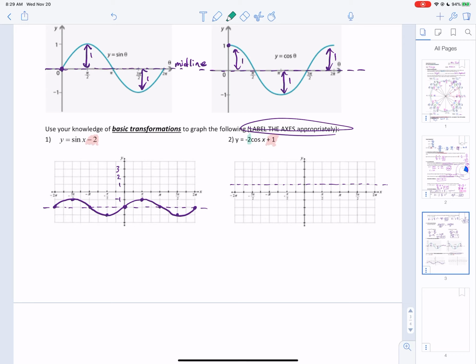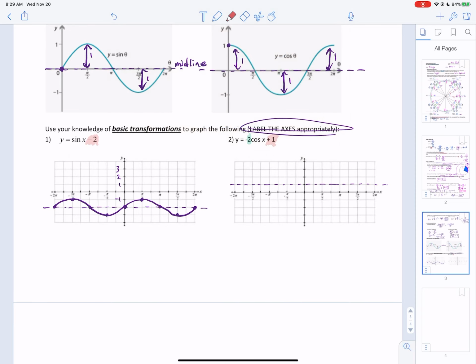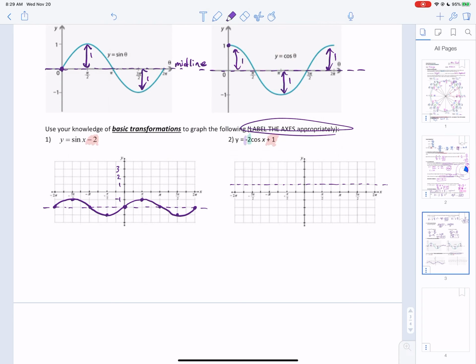So we're going to go up 2 and down 2 from the midline. And then this negative in front means that instead of starting up high on the hill, we are going to start down low. All right, so that's a lot.